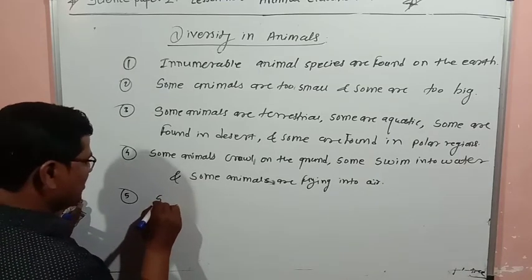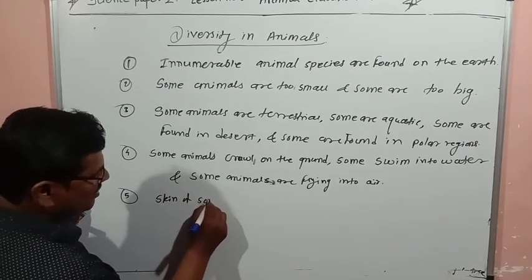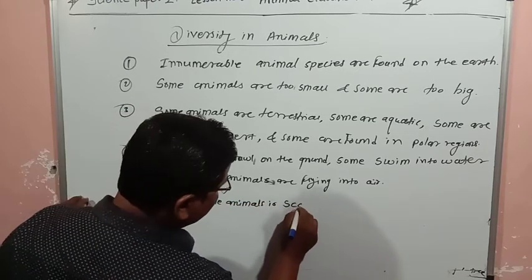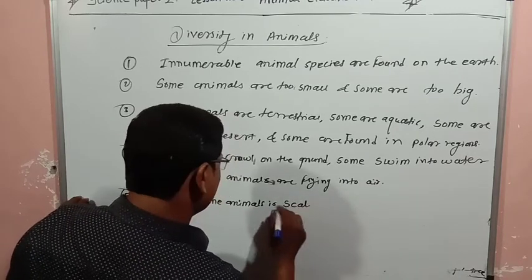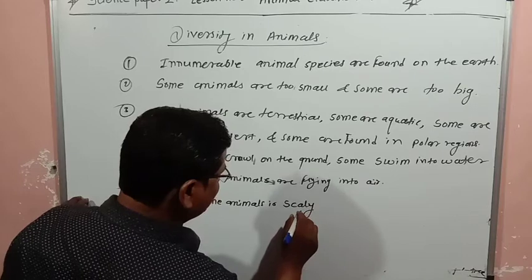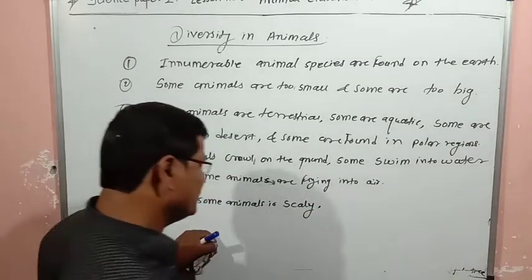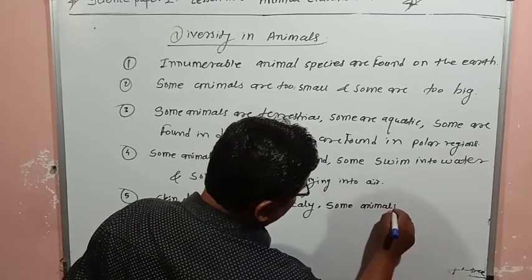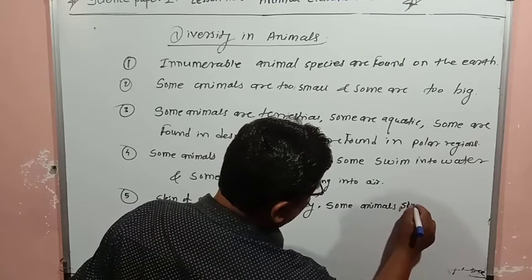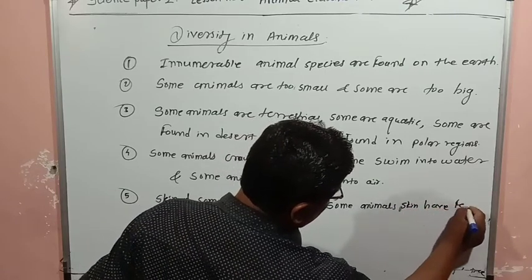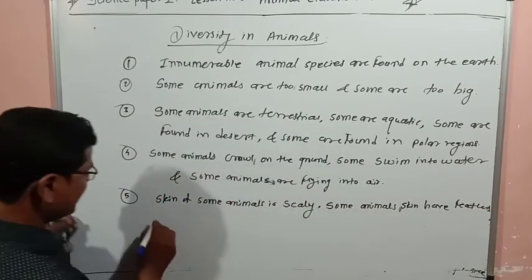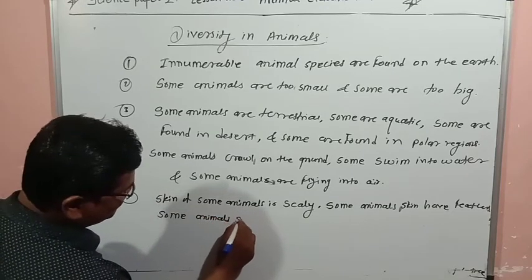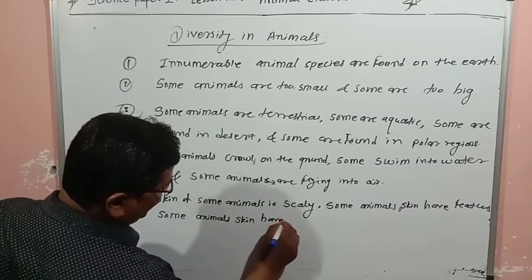The skin of some animals is scaly, some animals have feathers, and some have hairs.